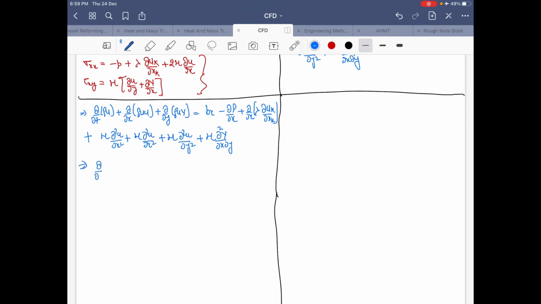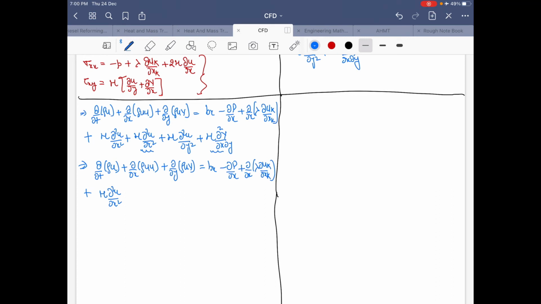So now let's simplify further. Gradient with respect to t of ρu plus gradient with respect to x of ρuu plus gradient with respect to y of ρuv equals body force x minus ∂p/∂x, and the term gradient of x λ ∂uk/∂xk, and here I can write μ ∂²u/∂x², and let's combine this term.